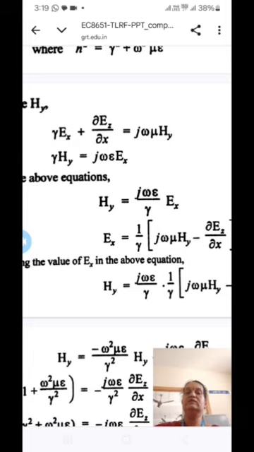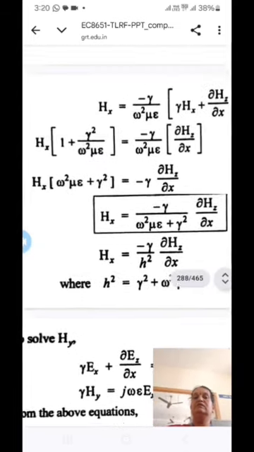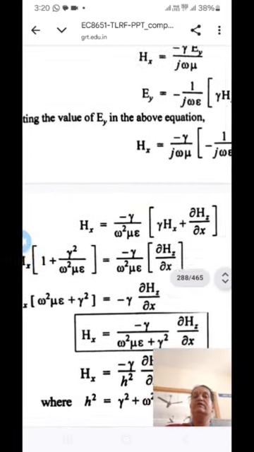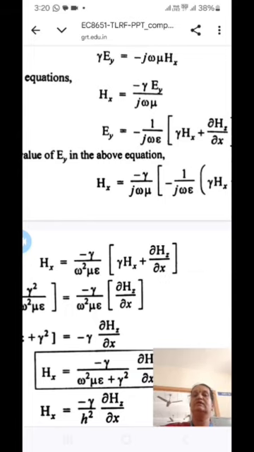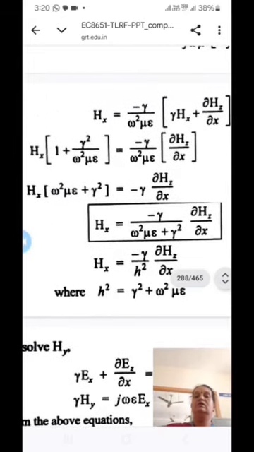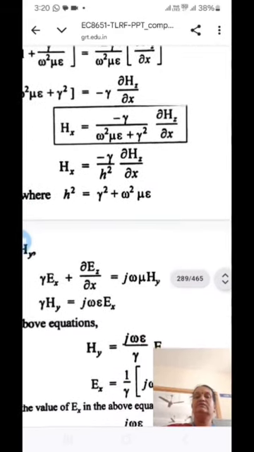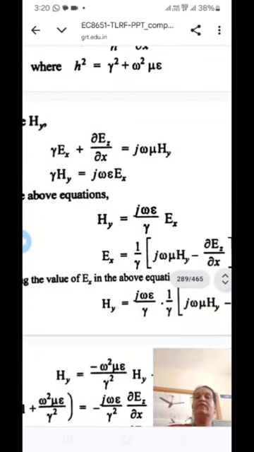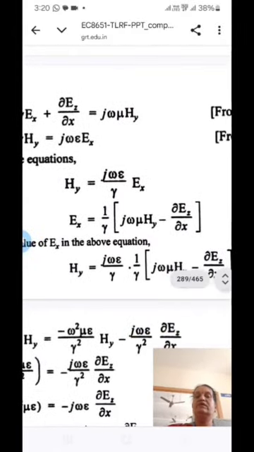Substituting Hy in the case of Ex, as in the previous case where we derived Ey and substituted it in Hx, we get the equation all in terms of Hx. Similarly, here we derive it for Hy and substitute it in the Ex equation.